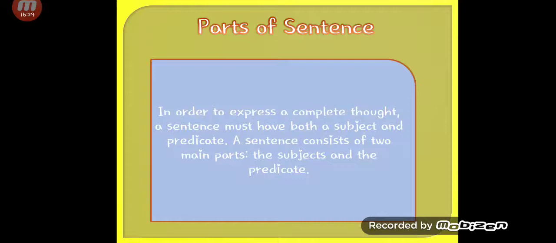Now let us see parts of a sentence. I already told you in the beginning itself that a sentence has a subject and predicate. Subject is something about whom we are talking. The subject is what the sentence is about, and it might sometimes be a person or a place.